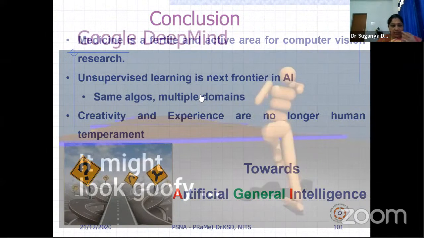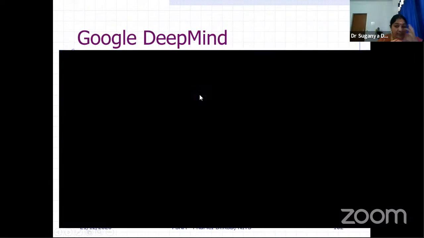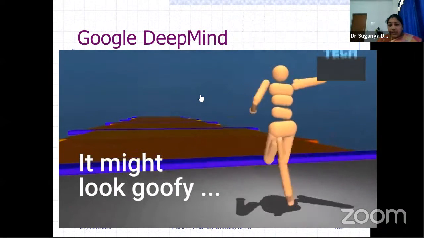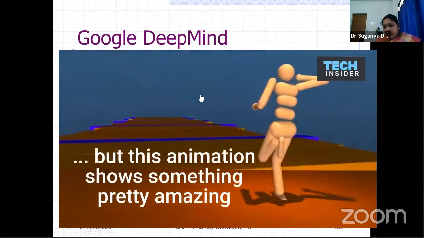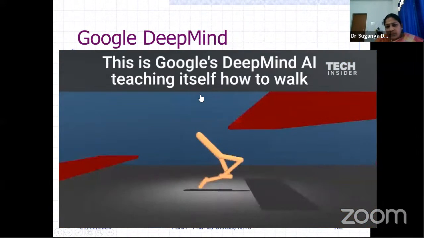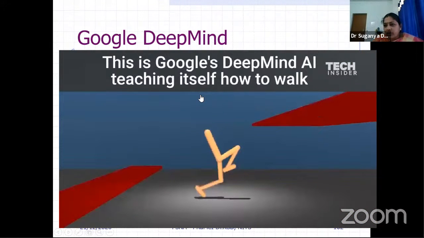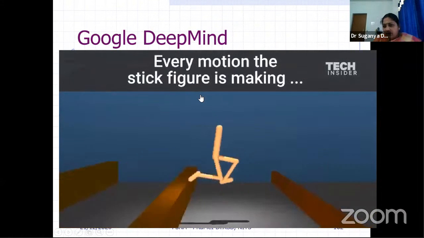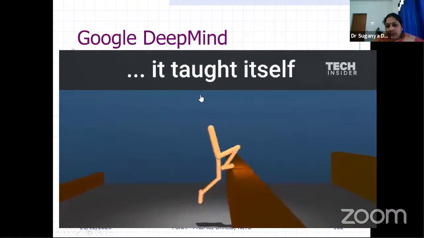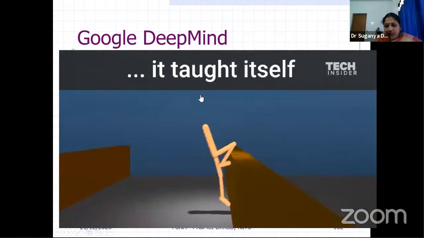And finally, this is the Google DeepMind. That model is learning by itself to jump, even on terrain surface. It is a self-learning model actually. This is the concept behind self-learning algorithms. It will learn from its mistakes.